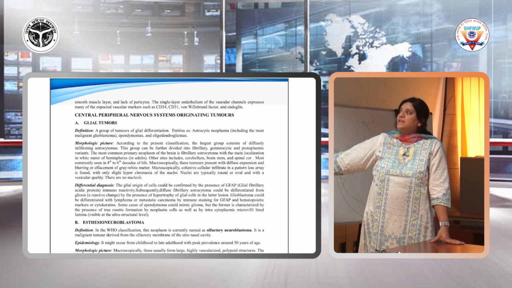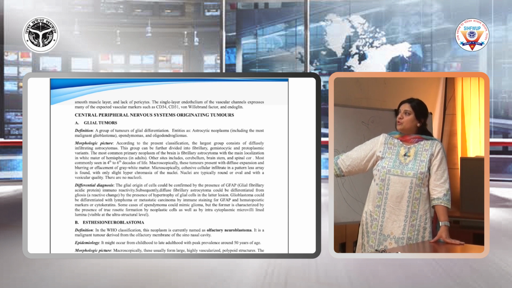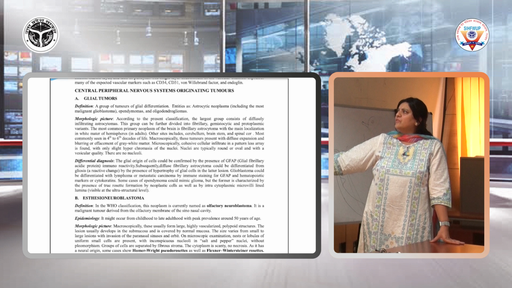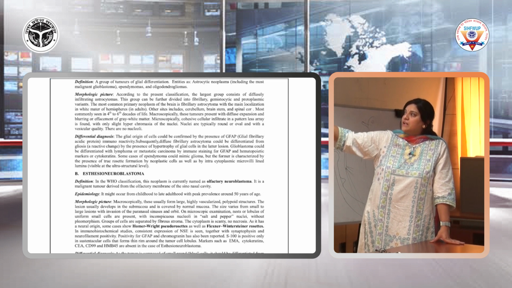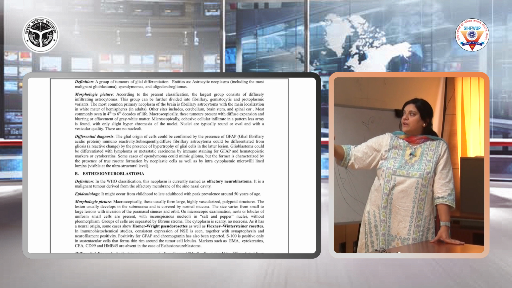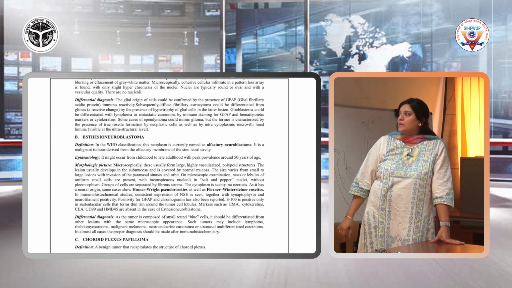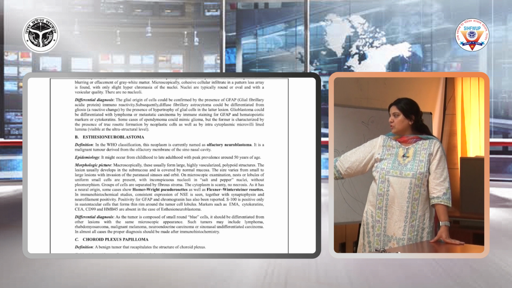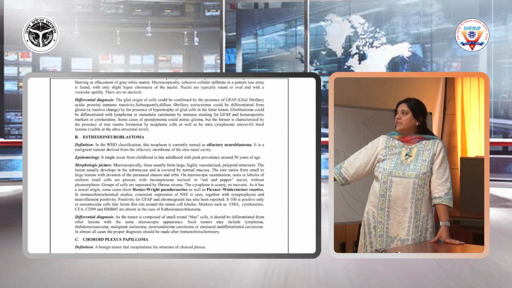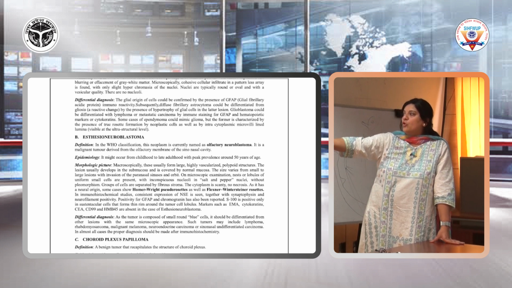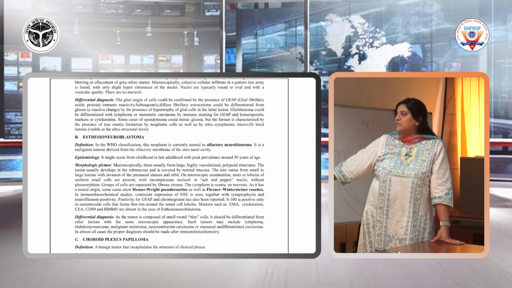Now the last topic, that is the central and peripheral nervous system tumors. It includes glial tumors, which are mostly astrocytic neoplasms, ependymomas and oligodendrogliomas. Second one is esthesioneuroblastoma, also known as olfactory neuroblastoma, which is characterized by Homer-Wright pseudo-rosettes as well as Flexner-Wintersteiner rosettes.